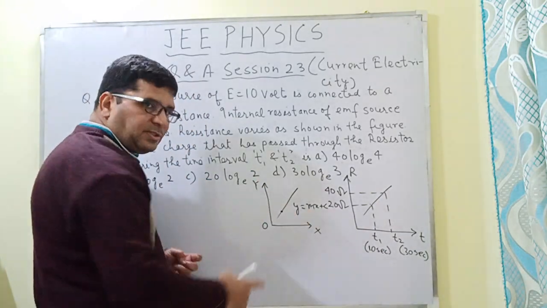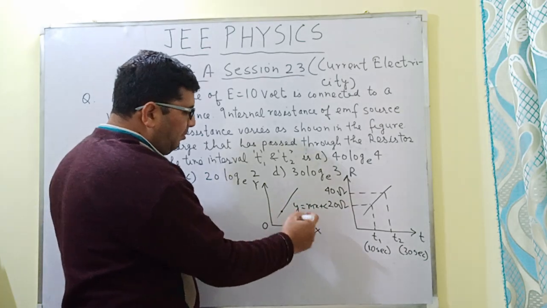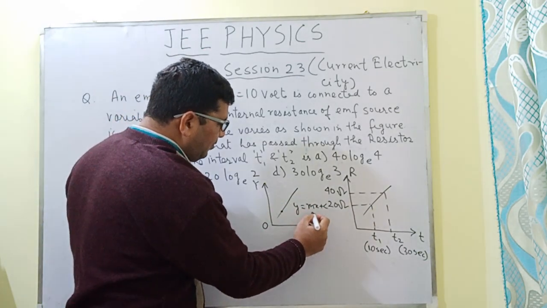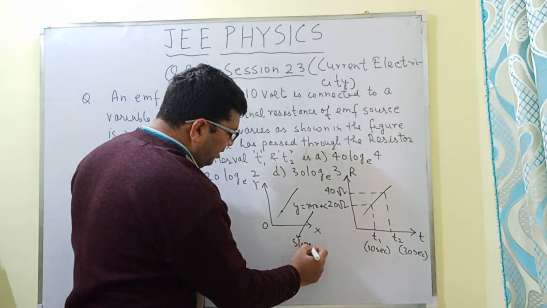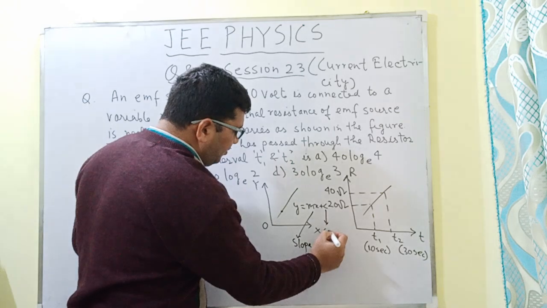M is the slope of the line, and c is a constant.